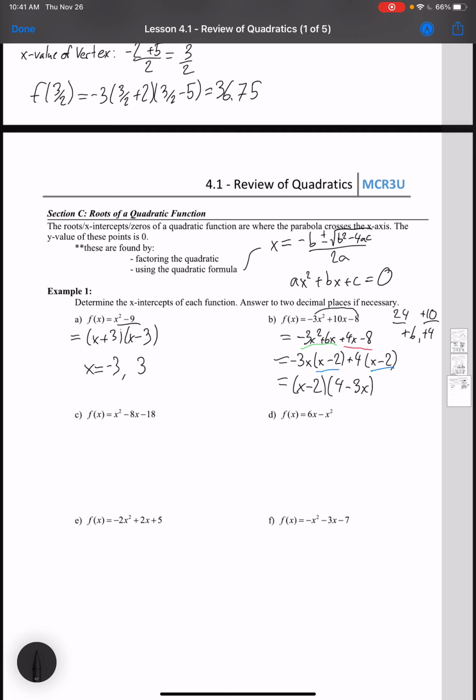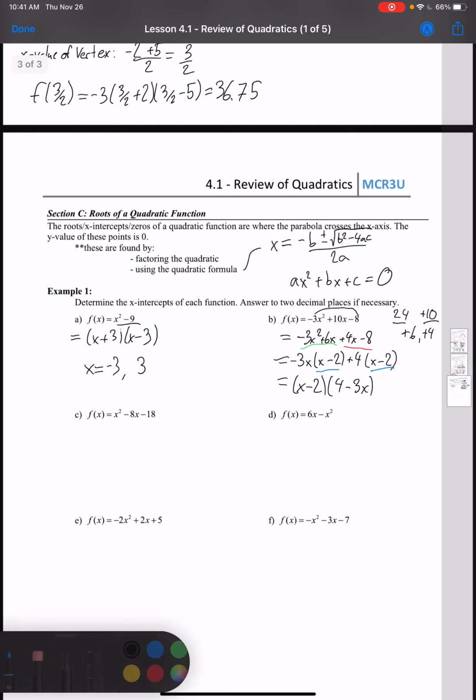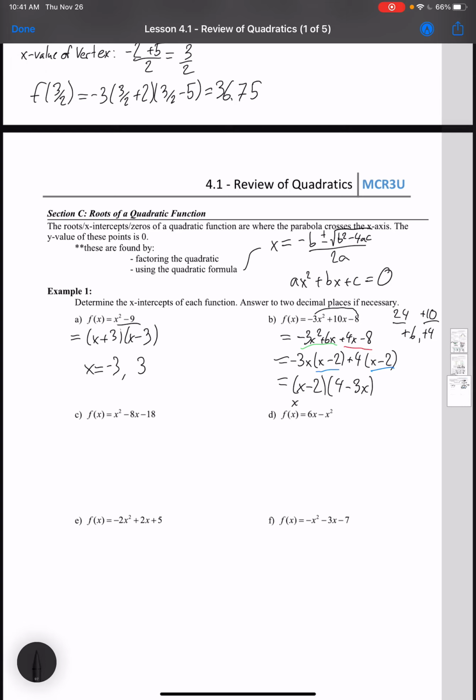All right, why did we do that? Why do we factor it like this? Because now you can get your roots. x equals 2 here. To get this one, you can't just flip the sign like we did with all the other ones because we have a number in front of the x. So you actually have to solve for minus 3x equal to 0.